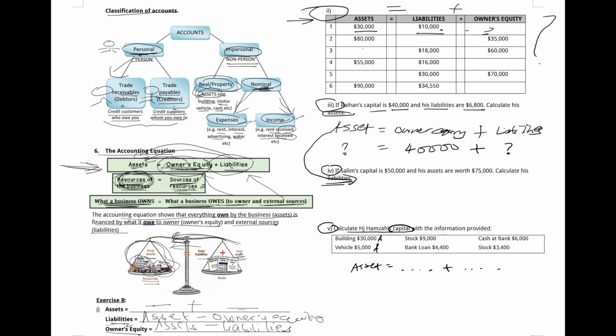So after you identify what categories these are, you use the equation assets equal to owner equity plus liability. Find out the capital. Sometimes we use owner capital and owner equity interchangeably. It's called capital. So I'd like you to give it a try first, and then we'll go through the answers together next lesson.